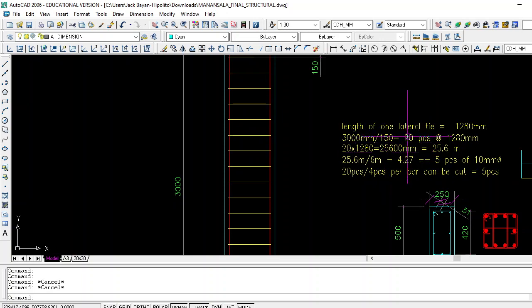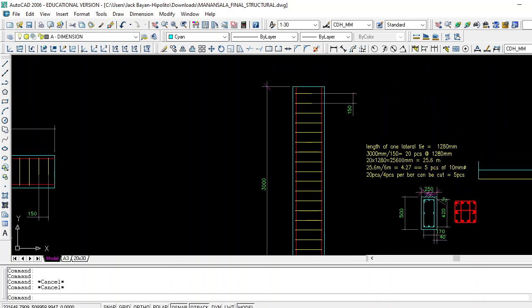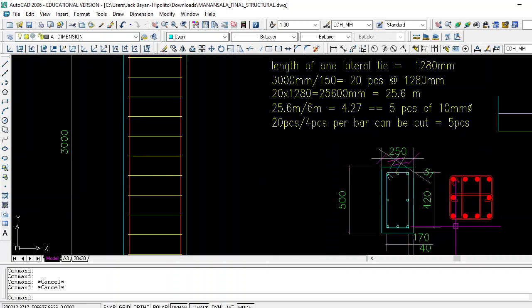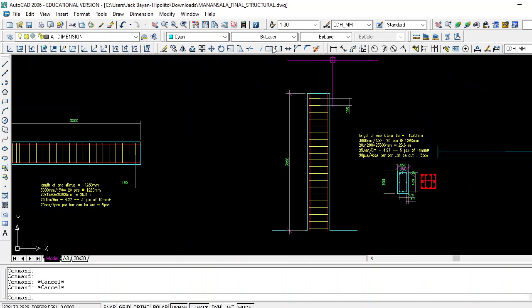Okay? So, you have 20 pieces. So, it means that if you are to estimate your ties here, you have 20 pieces. Okay, so dito pala lumabas, ang kinonsider lang natin is that you will be having 1, 2, 3, 4, 5, 6, 7, 8 bars. Okay? So, copy ko lang yung statement dito.